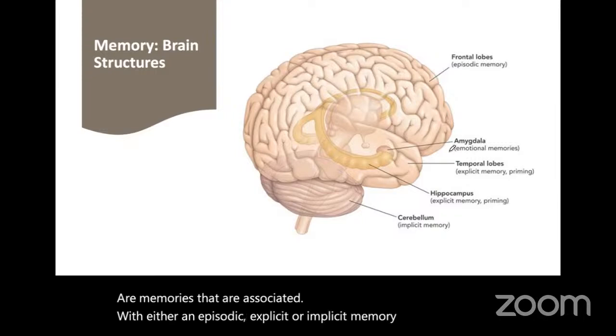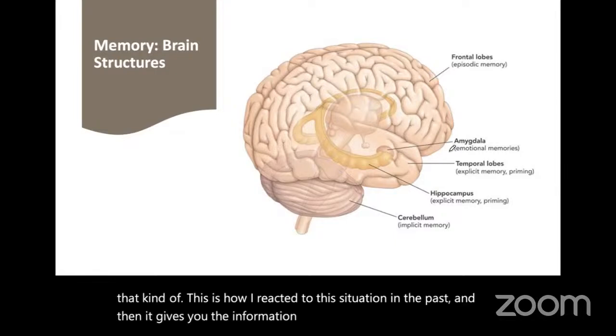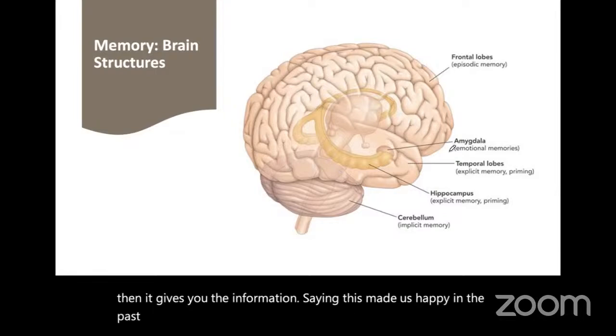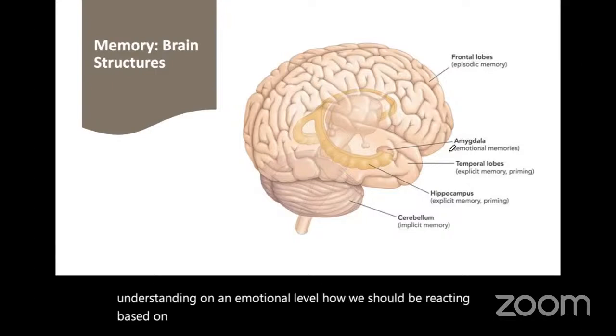It really is this: this is how I reacted to this situation in the past, and that tells you this made us happy in the past, this made us sad in the past. It allows us to have an understanding on an emotional level of how we should be reacting based on that memory recall or the situation that we're in, okay?